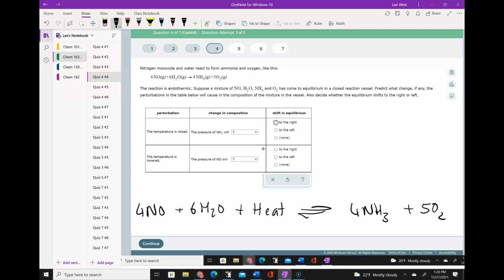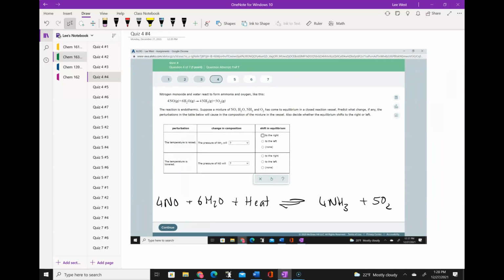And when we change the temperature, we actually change the value of the equilibrium constant. The fact that it is endothermic also means that delta H is greater than 0. So it says, suppose a mixture of NO, H2O, NH3, and O2, so that's everything, it's all of the components, has come to equilibrium, so Q equals K.